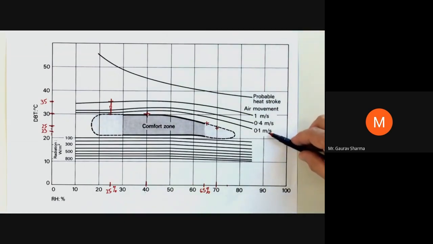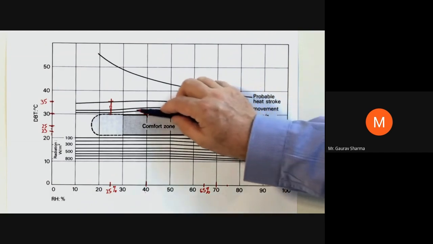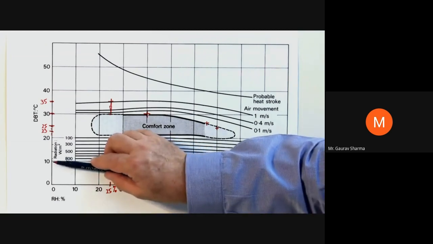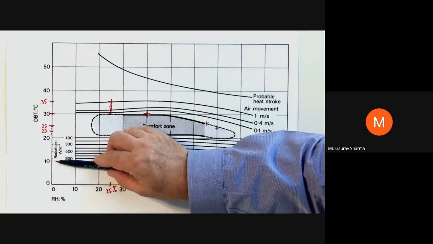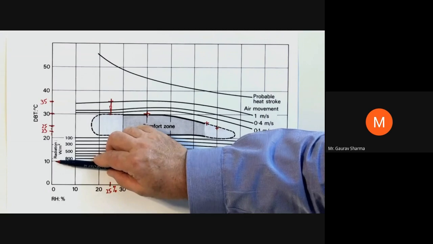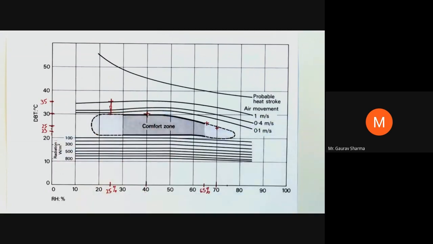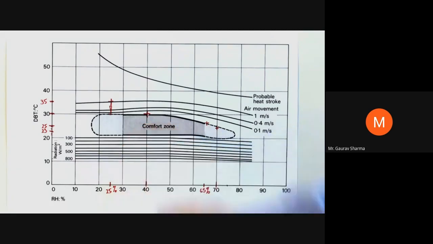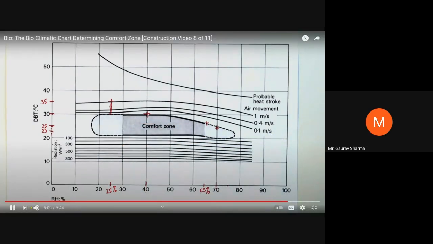If we have 0.1 meters per second, we can pull it down into the comfort zone. The other beauty of the bioclimatic chart is it tells us when we have temperatures down to 10 degrees Celsius through to 20 degrees Celsius, how many watts per square meter need to be introduced.